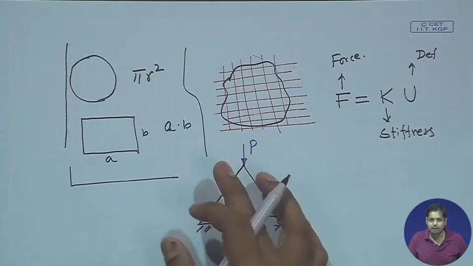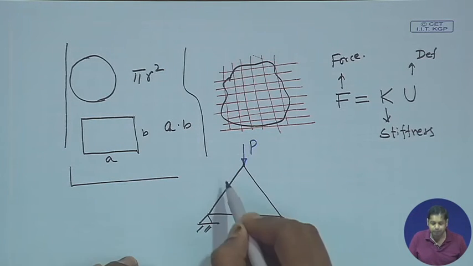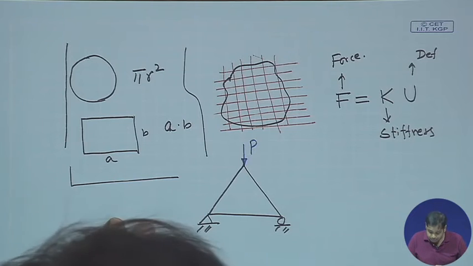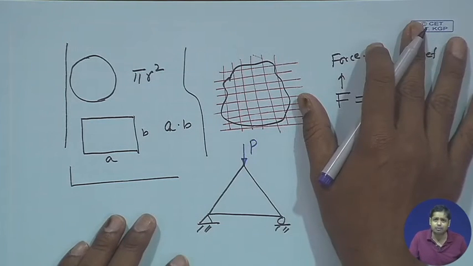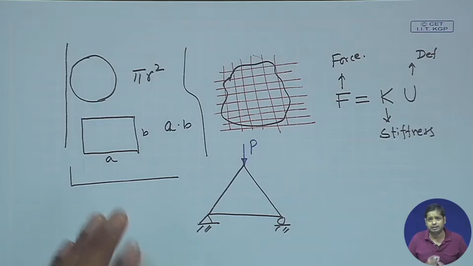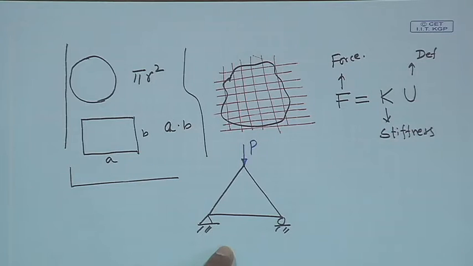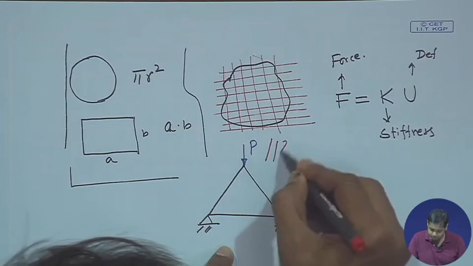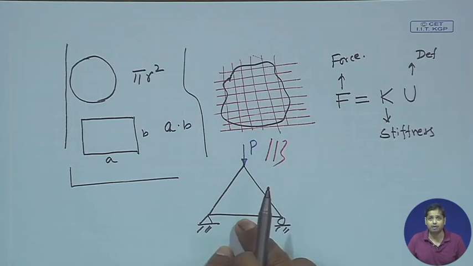We need to analyze the truss, find out the member forces and the corresponding displacements. This method that we are going to discuss can be applied whether it is a determinate or an indeterminate structure, in every case. Okay, now this is the real system, so this system is this.